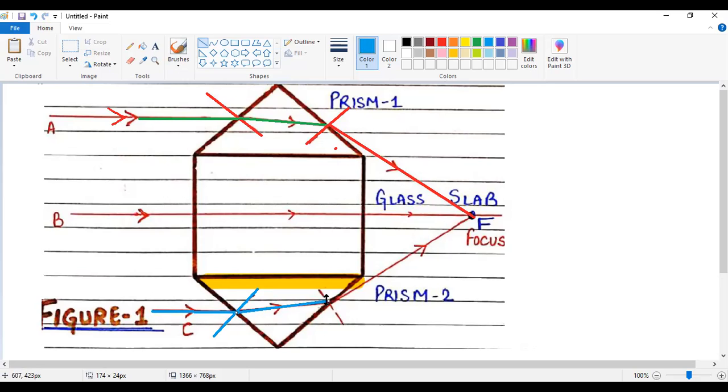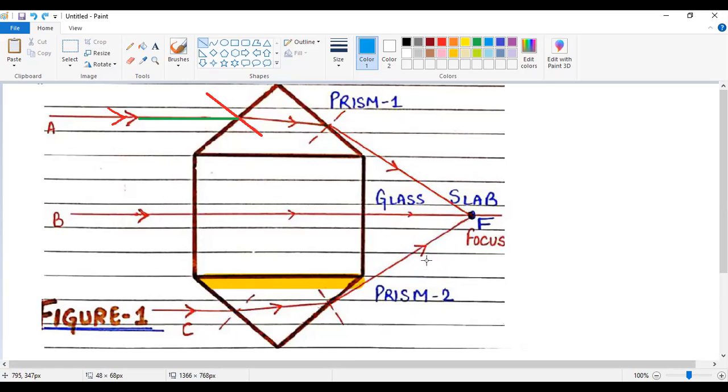Since light is going from denser medium to rarer medium on the second surface, the light, instead of going as it is, will bend away from the normal drawn on the second surface. It is the same refraction we did in prism.